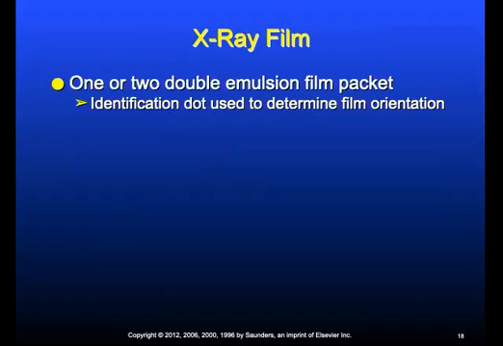X-ray film packets can either be single or double emulsion. A double emulsion film is used instead of single emulsion film because it requires less radiation exposure to produce an image. The identification dot is used for film orientation.